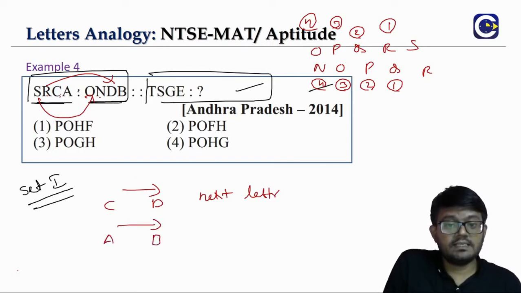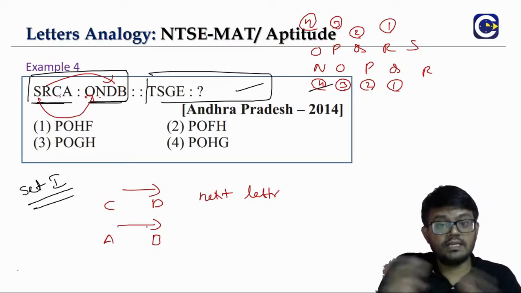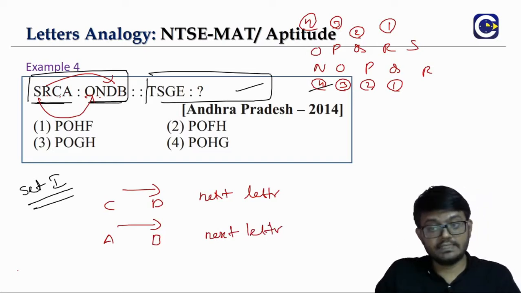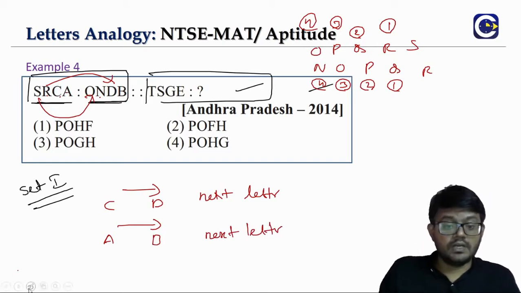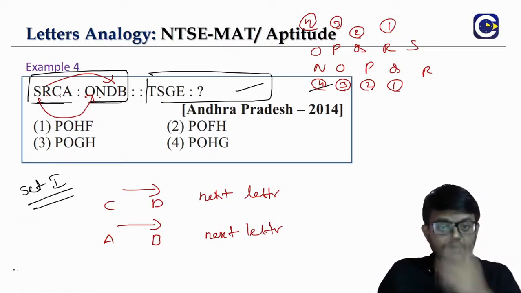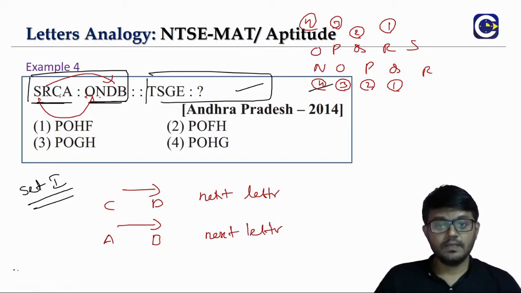They are saying A is related to what? B, right? Means what? The one that will come just after. Next letter. So for the first 2 letters, what is the analogy or relation we have to follow? We have to count in the backward direction, reverse, fourth. For the last 2, what is it? We have to just choose what is the letter that will come next.